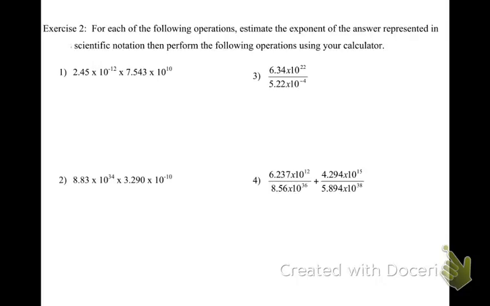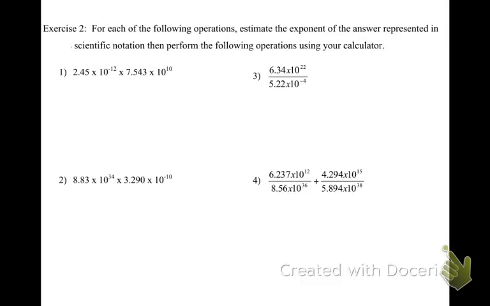The TI-89s do order of operations, so if you're using one of those, you don't necessarily need parentheses. However, I wouldn't recommend using a TI-89 because you can't use that on the Regents. So you want to practice with what you're going to have to eventually use.